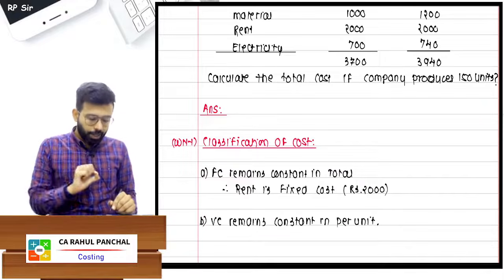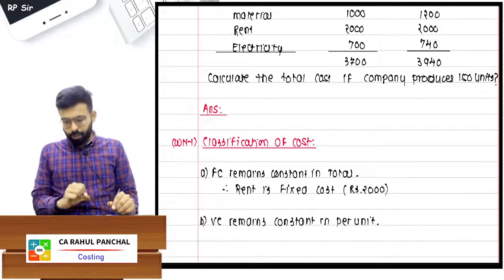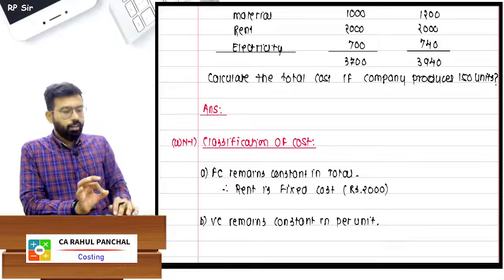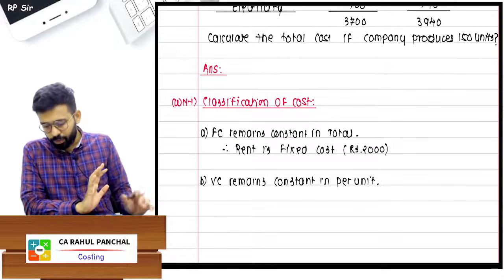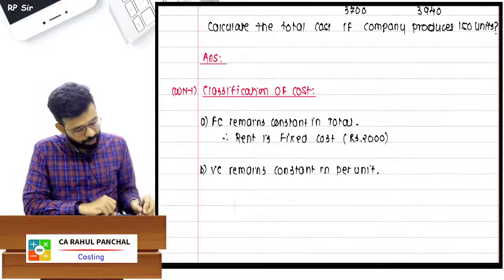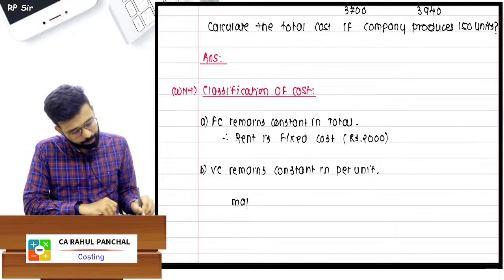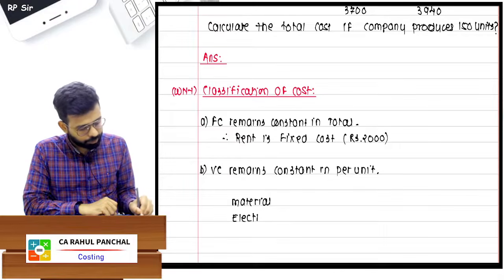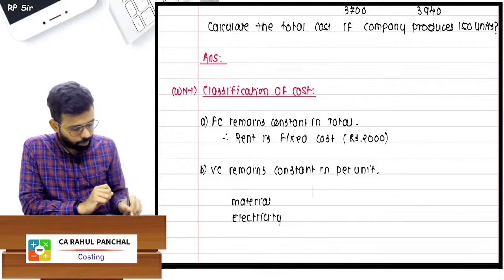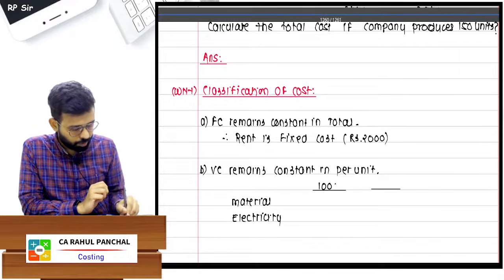Now, material will be your variable cost, because if you calculate, you will understand. Then only two expenses are left, that is material and electricity. Here the cost is for 100 units, and here the cost is for 120 units.